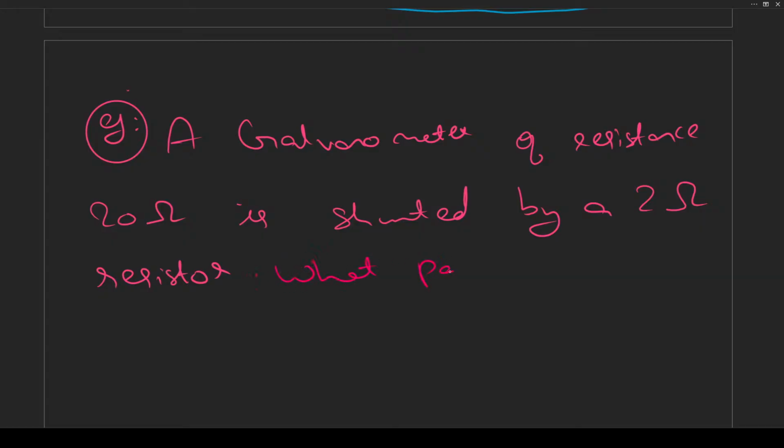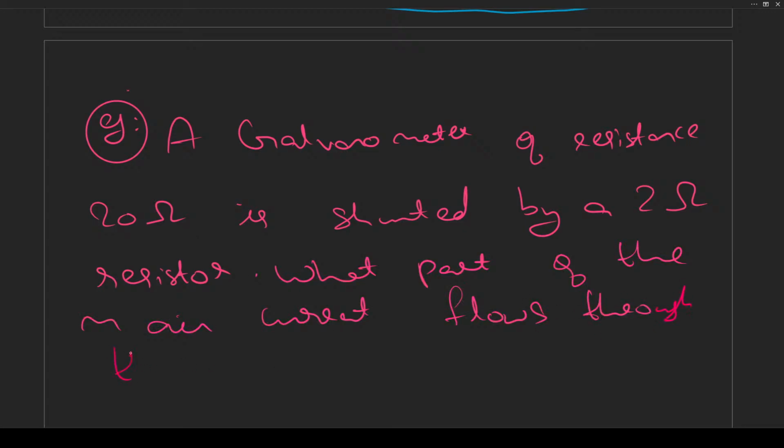What part of the main current flows through the galvanometer?